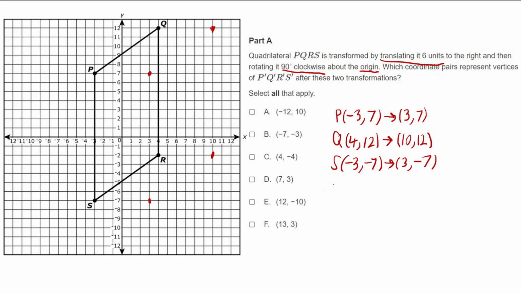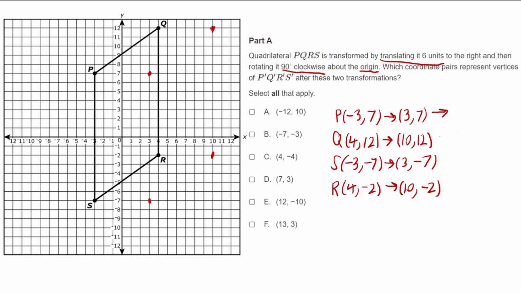And last but not least, R is at 4, -2. So our floaty point of R is at, sorry, I lost track, 10, -2. Right? So these are all our floaty points.